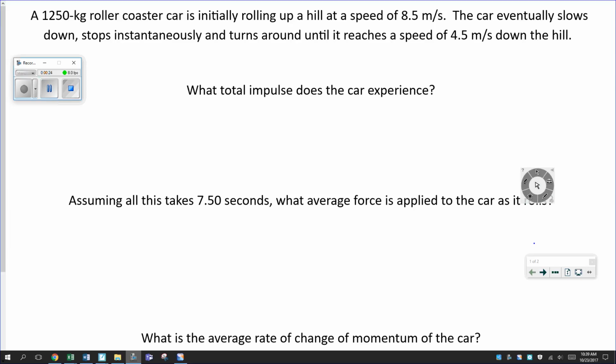So, impulse, by definition, impulse, J, or delta P, question mark. All right. I'm going to list some things we know. Well, 1,250 kilograms. That's a mass.